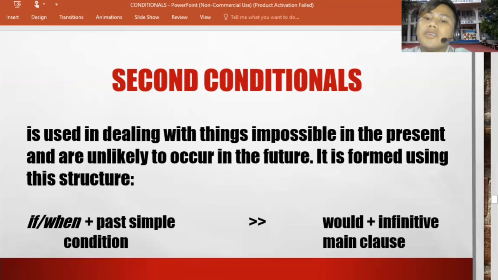Or on the other hand, these are the things that might not be happening in the future. So we form it by using the following structure. We can make use of if or when plus our past simple.